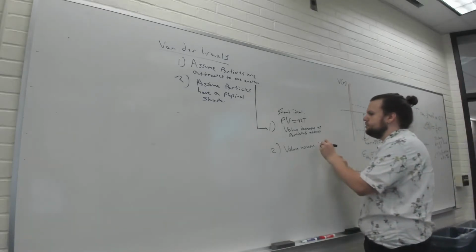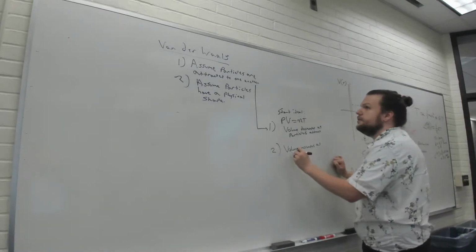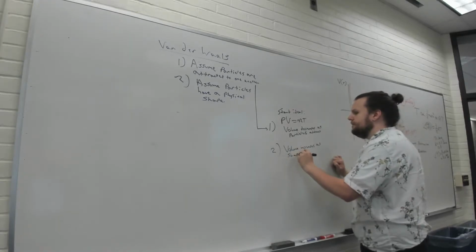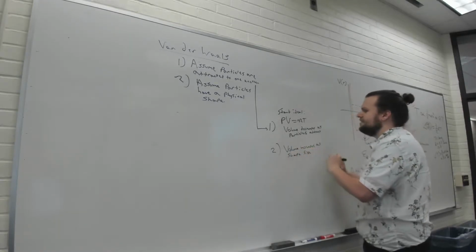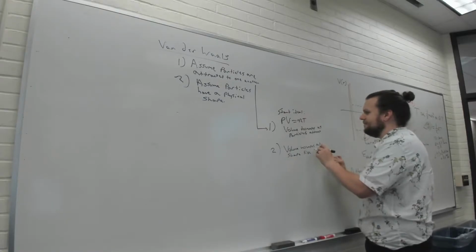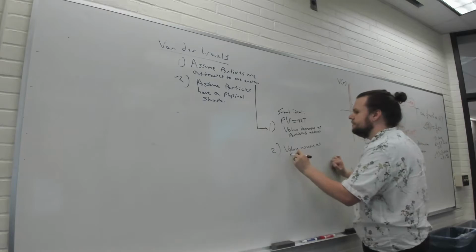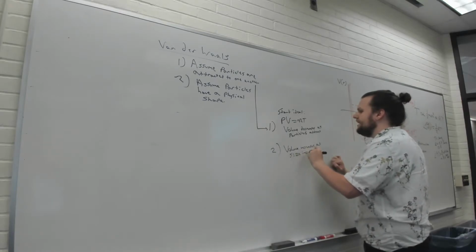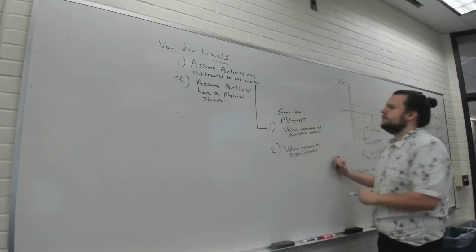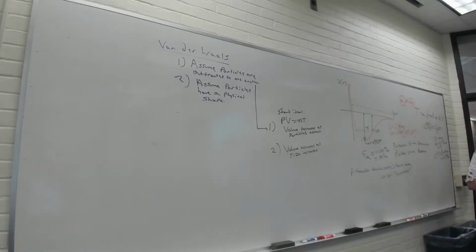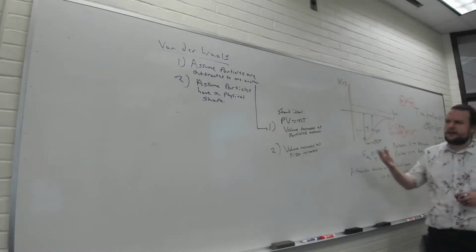You can only pack them so deeply before they start touching, as size increases. So we have two competing effects here: attractions and size. And van der Waals was very aware of this. These are not particularly complicated ideas to think about.